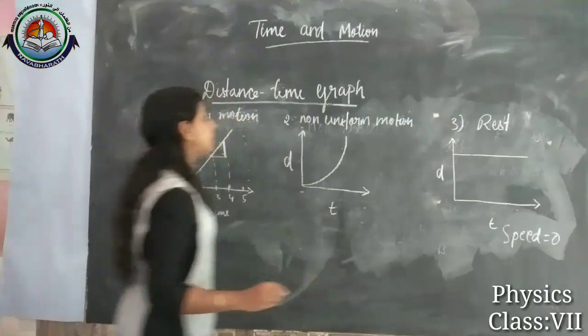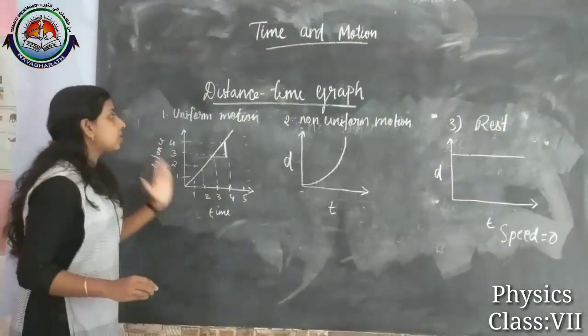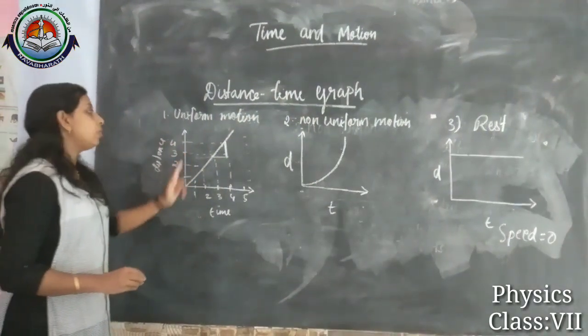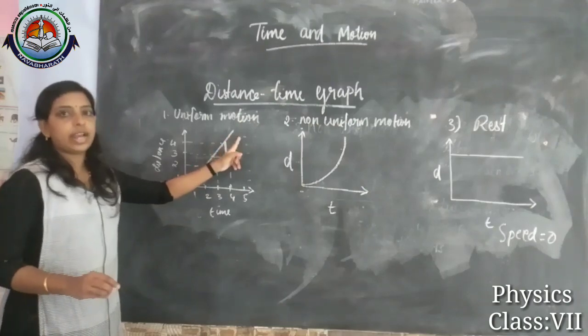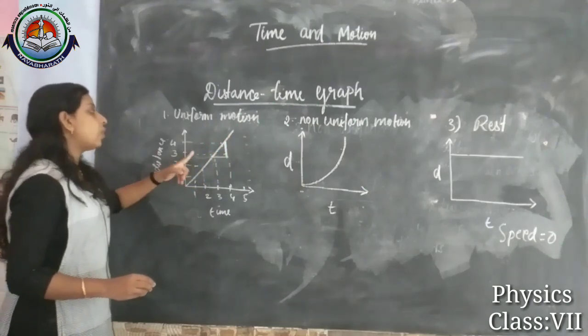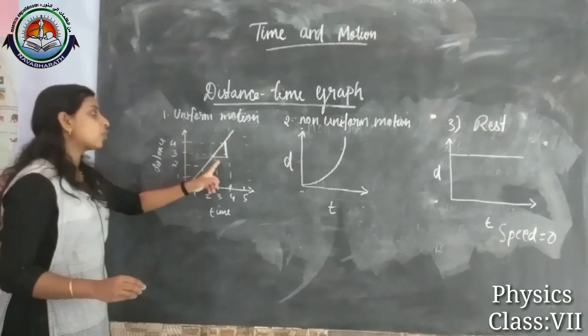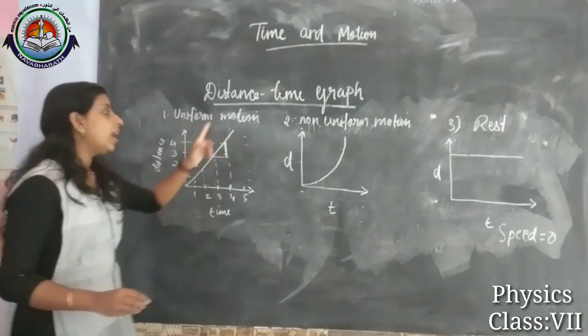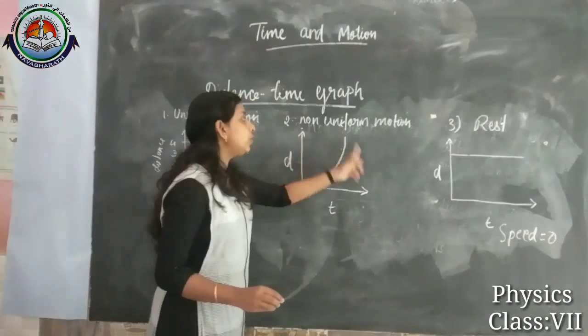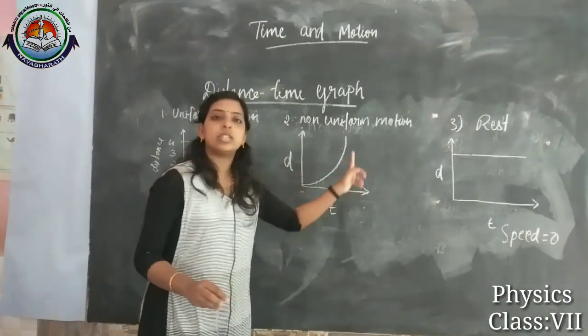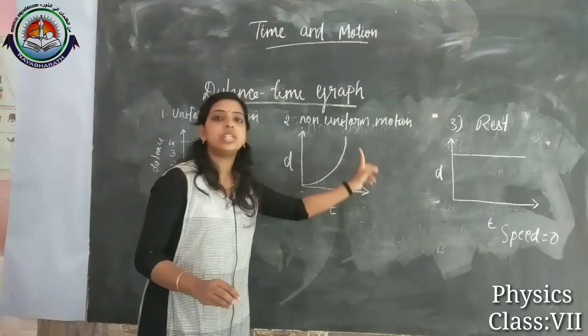So we can conclude these three cases. The distance time graph in the case of uniform motion will be a straight line, and we can easily find the speed of the vehicle by finding the slope of this graph. In the case of the second one, non-uniform motion, we will get a distance time graph like a curved line.